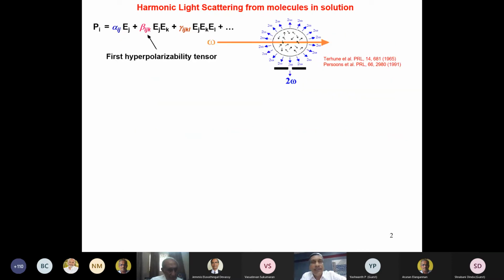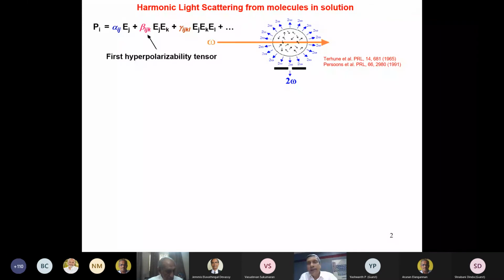What we decided to do a long time ago was look at second harmonic light scattering from molecules which are dissolved in solution in a particular solvent. Now, this technique was initially invented by the French physicist Terhune and Maker, and it was initially used for looking at structures of liquids.